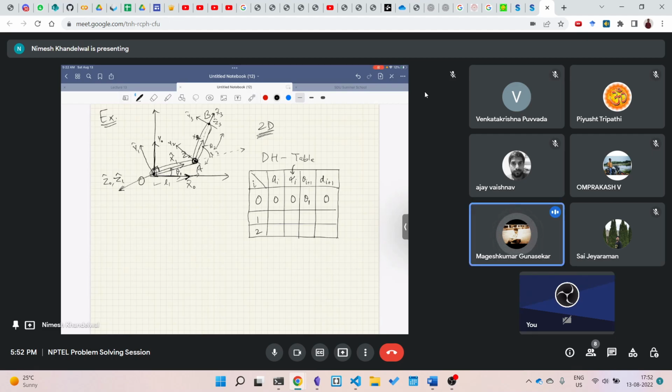Now we come to link 1. What are the parameters for link 1? What will be a_i in this case?